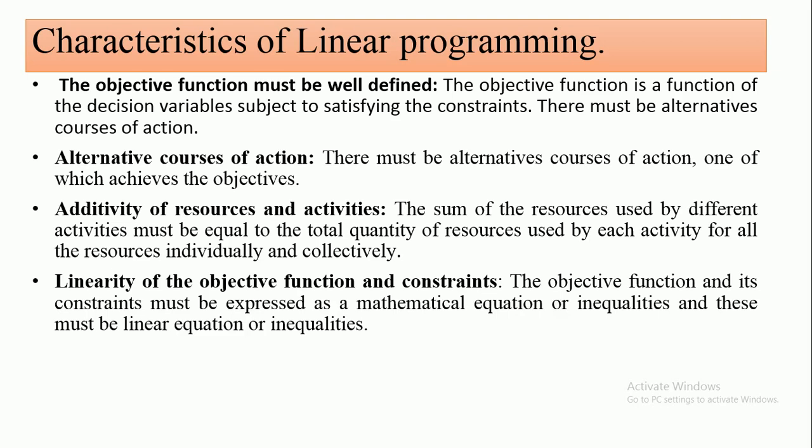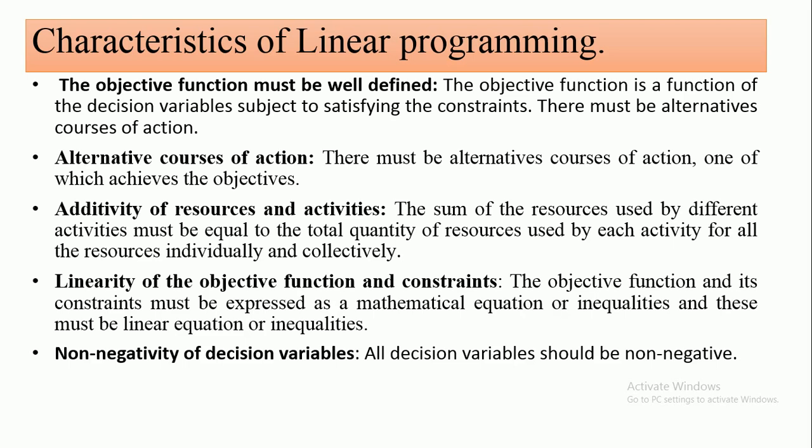So that's just in a mathematical expression. What we mean by linearity is it has to be something that can be represented on a straight line. So the objective function and the constraint should be something that could be represented on a straight line, something linear.